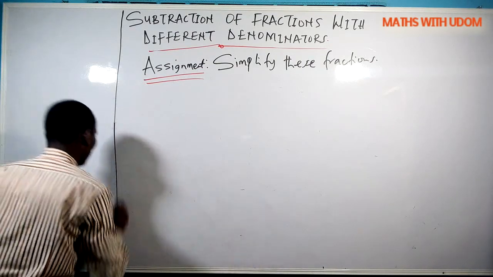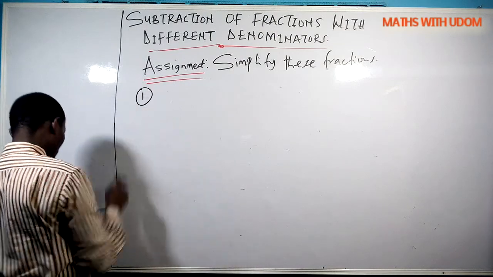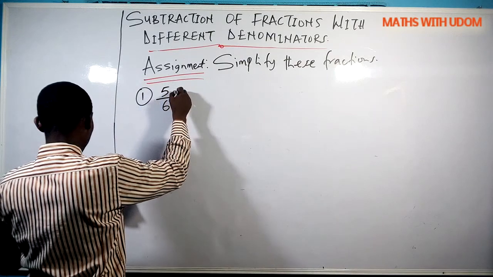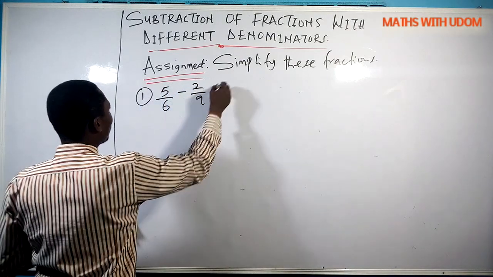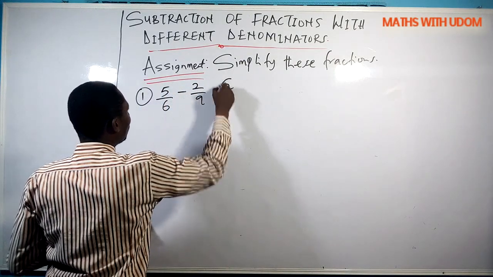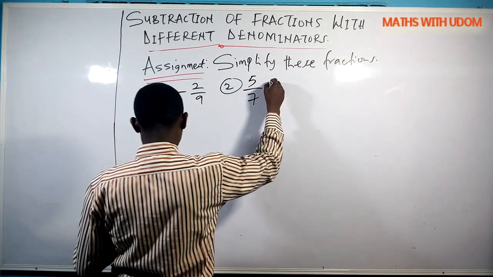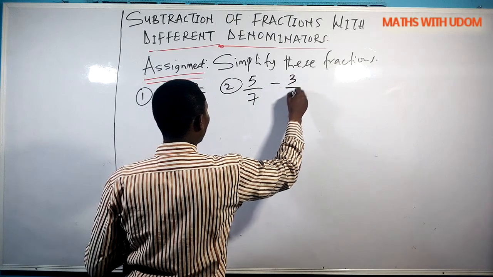Number 1. We have 5 over 6, take away 2 over 9. Number 2, 5 over 7, take away 3 over 4.